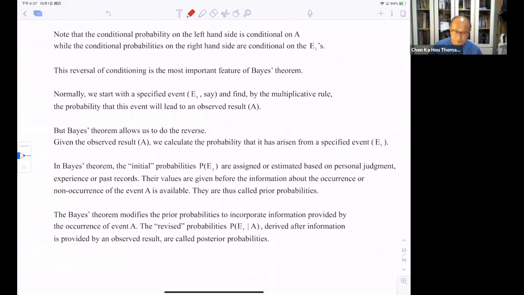Understand? So this page illustrates the diagram, the logic, and how we obtain the answer. Students, please read this page. If you have problems, ask your lecturer. Not difficult. Actually, it's only conditional probability, but extended.